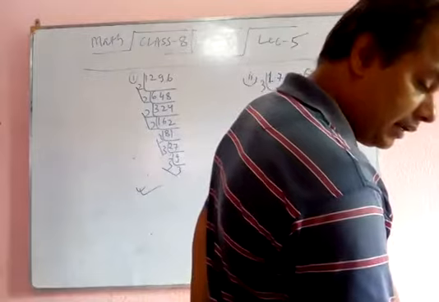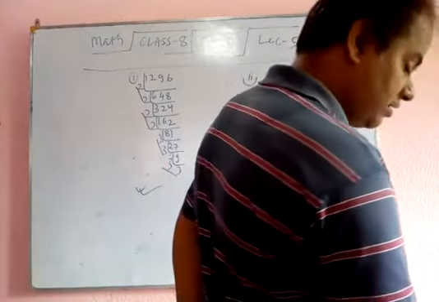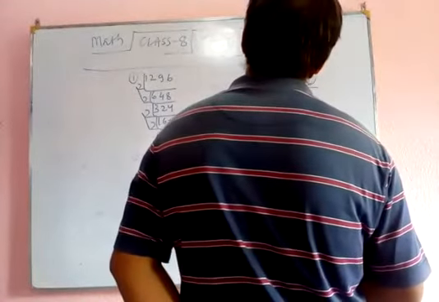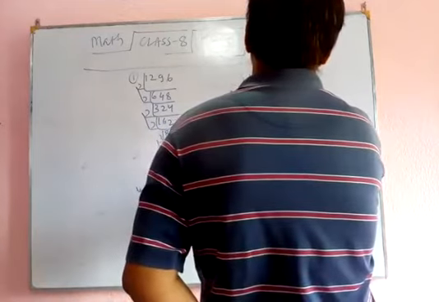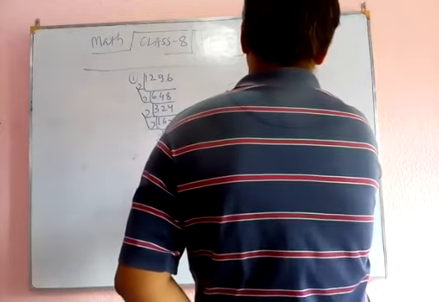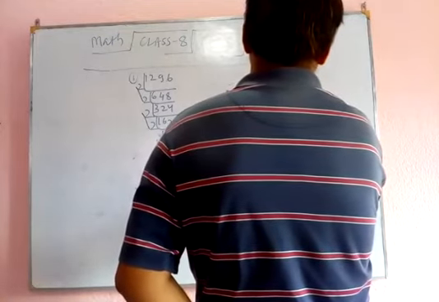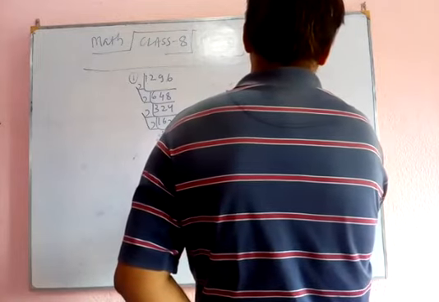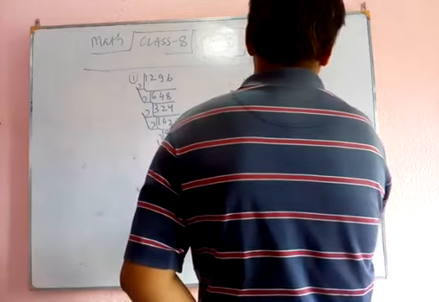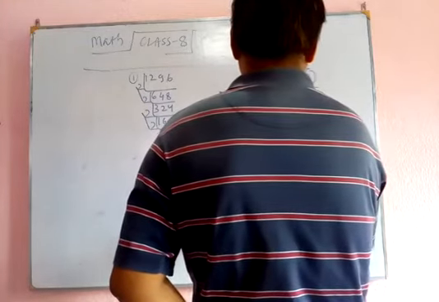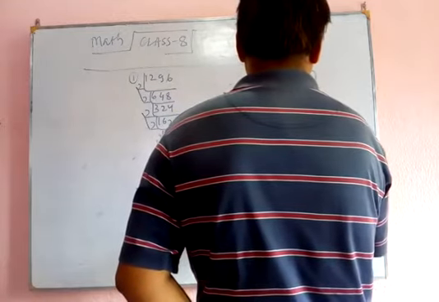1, double 7, 8, 7. Nine. So here 3 into 11 into 11 into 7 into 7.